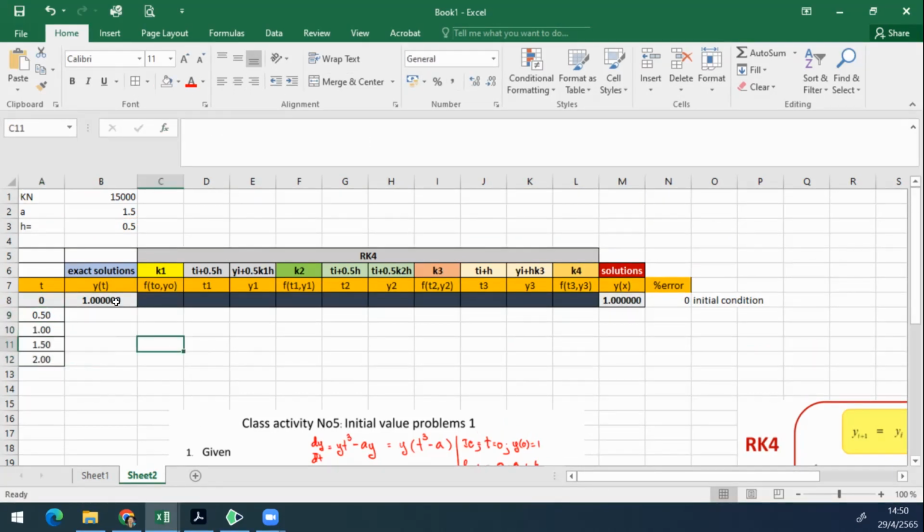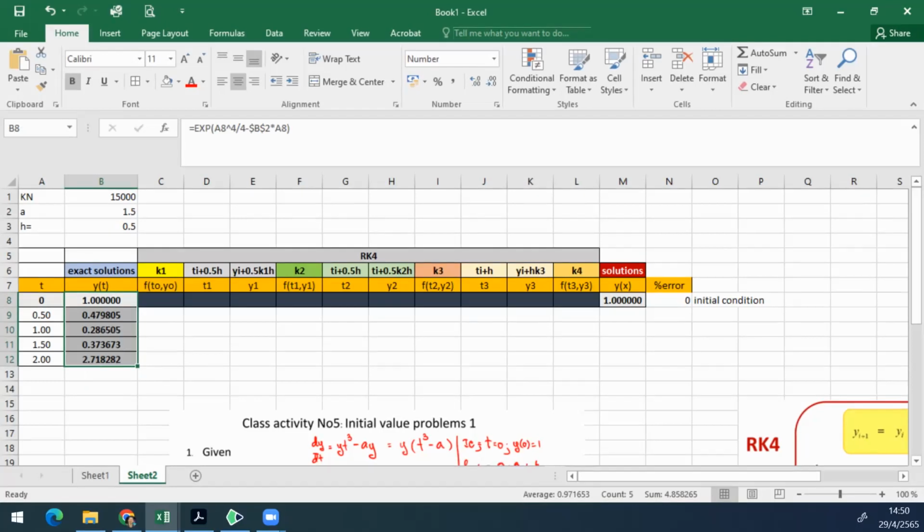And the exact solution should be like this. Okay, we already have the exact solution.